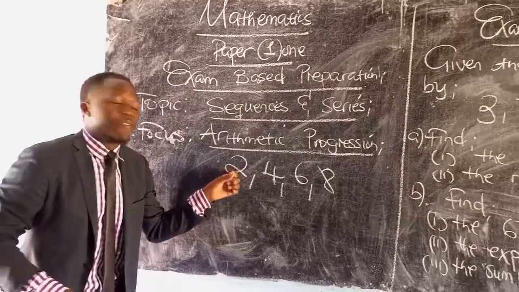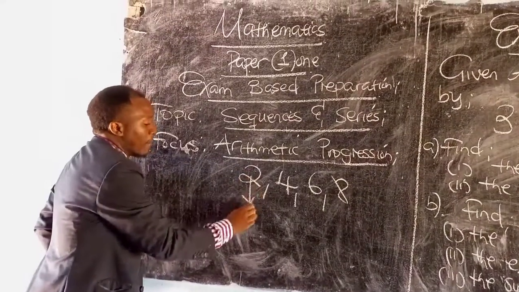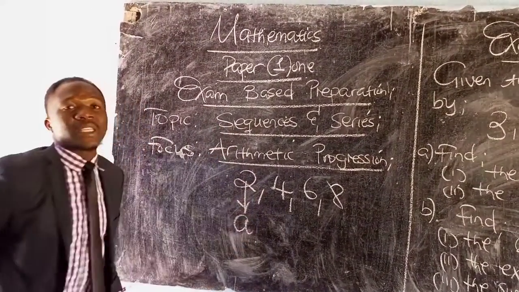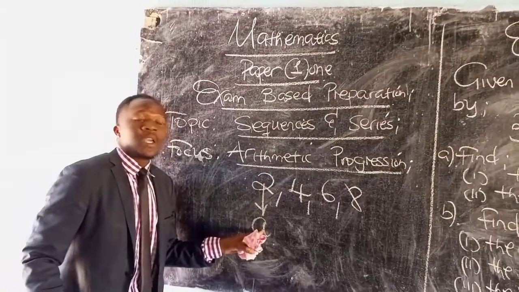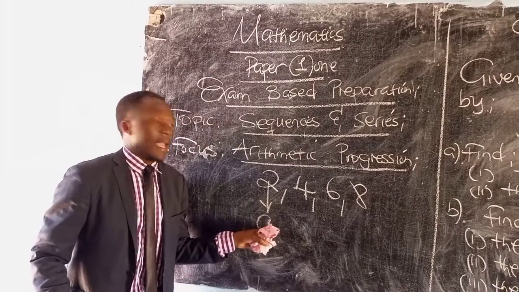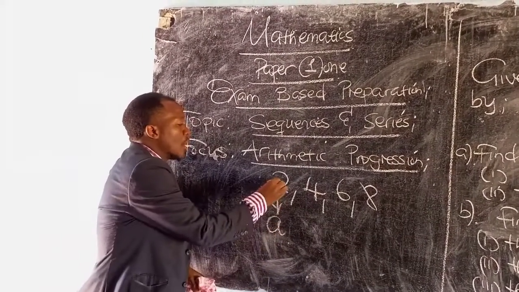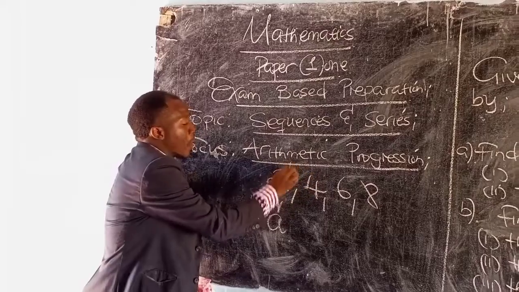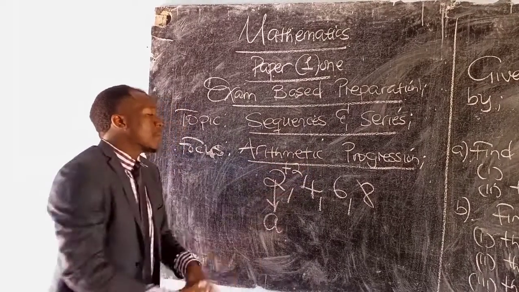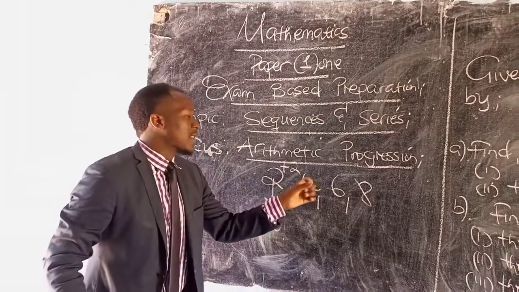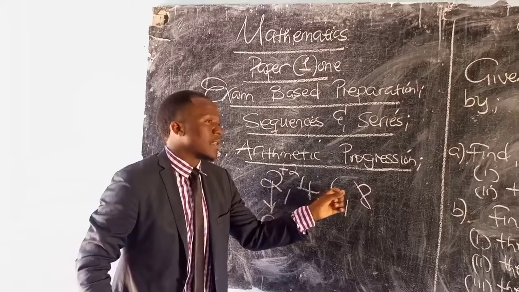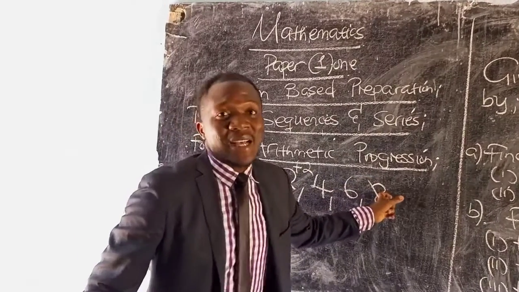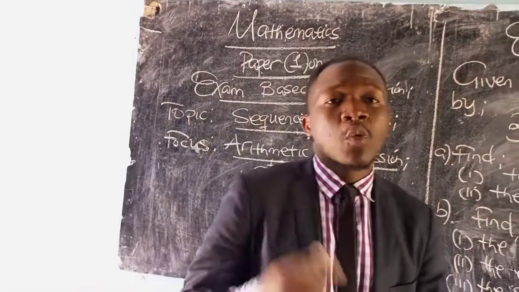So from each and every sequence, the first number is going to be called the first term. And the first term is going to be denoted by A. So our A is 2. To this 2, to get 4, they were adding a 2, which simply means 2 plus 2 is 4, 4 plus 2, 6, 6 plus 2, 8. And thus, that's how that sequence was made.